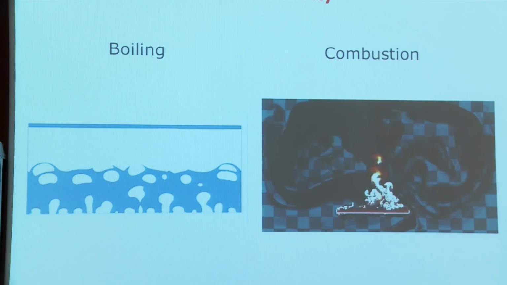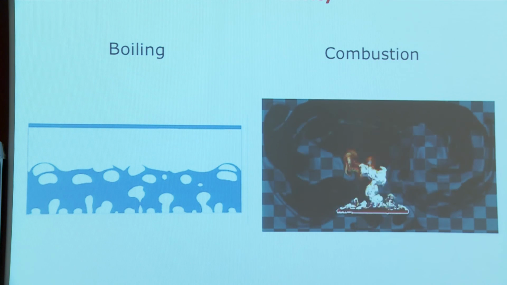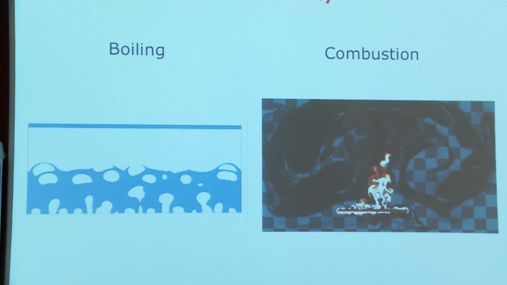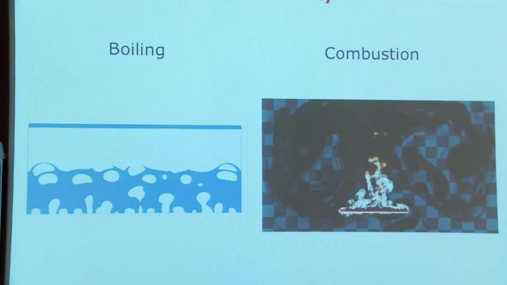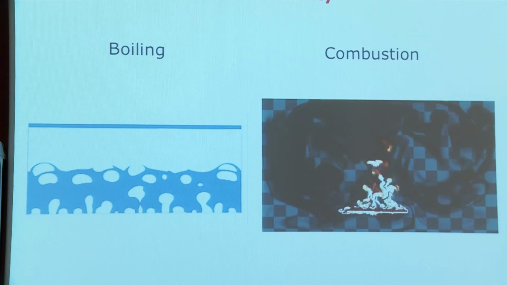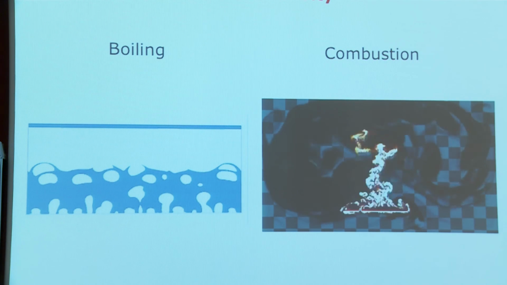Again, I don't know the details about how this is done, so I know that it is possible to do it with Lattice-Boltzmann, but I cannot tell about this specific simulation.